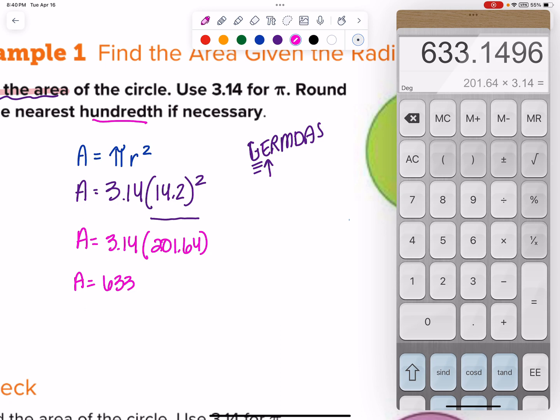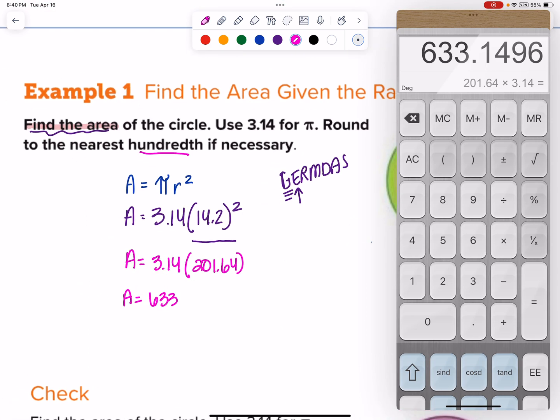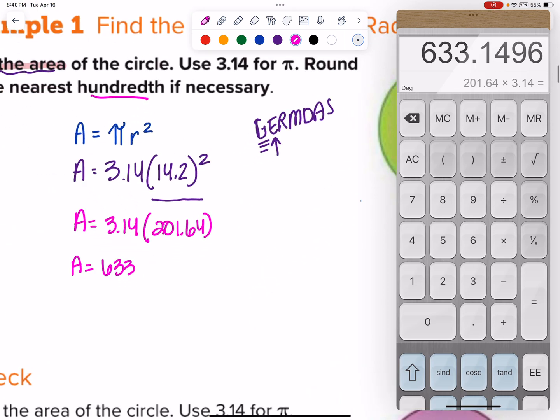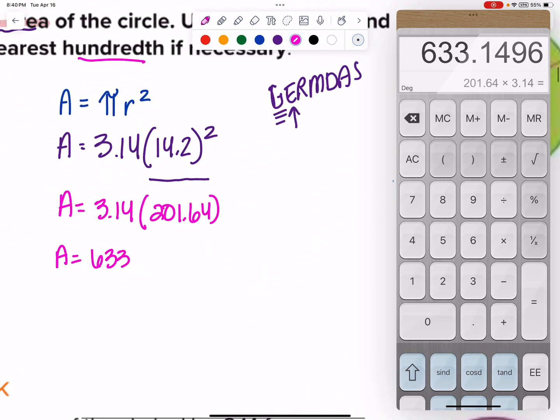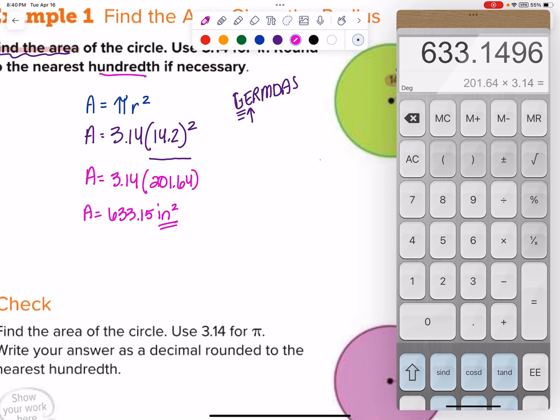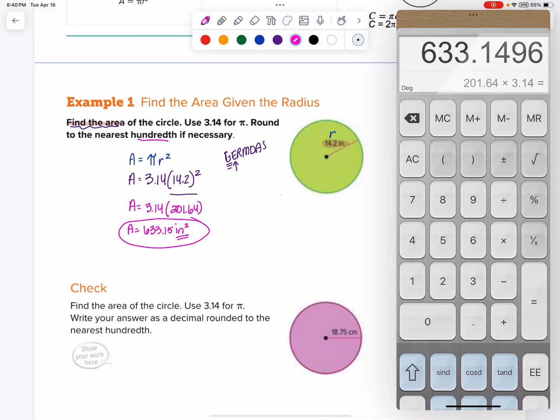Okay? And look at the units here. So we're looking at, there it is, inches. So hundredth place is 0.15 inches, and because it's area, we have to do squared. So don't forget about that, okay? All right, let's go ahead and circle it, and there we go.